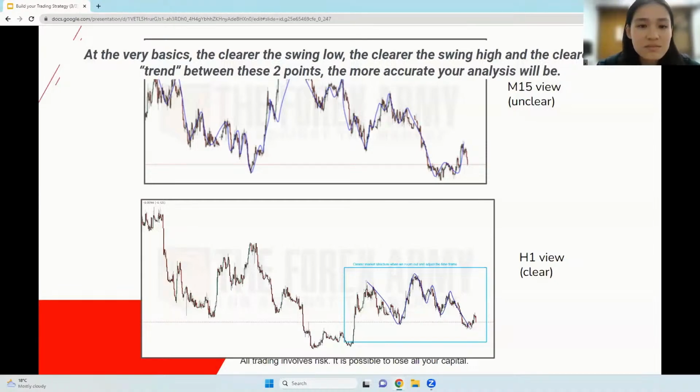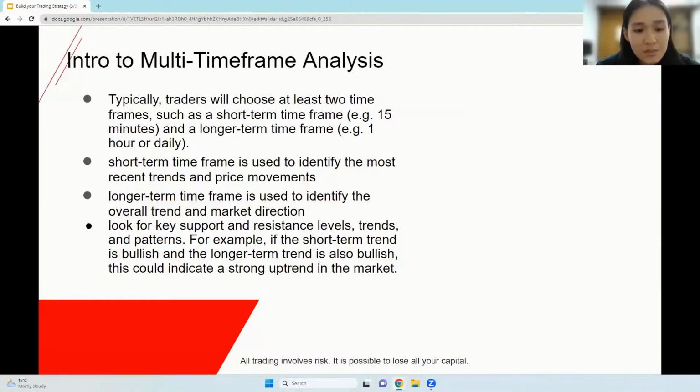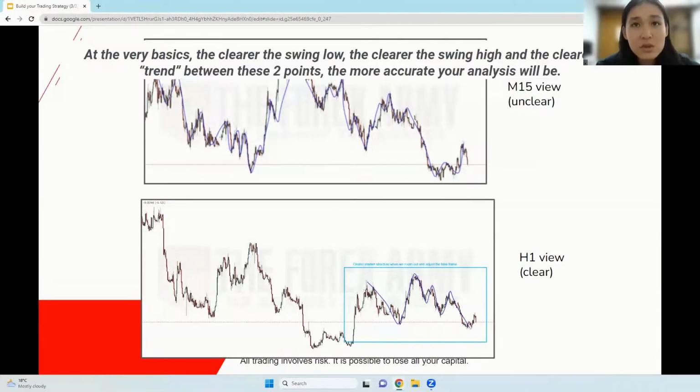So H1, H4, and the daily timeframes tend to be used for swing trading. But as I mentioned, it's more important to look for clear market structures when you are determining which chart you want to use.